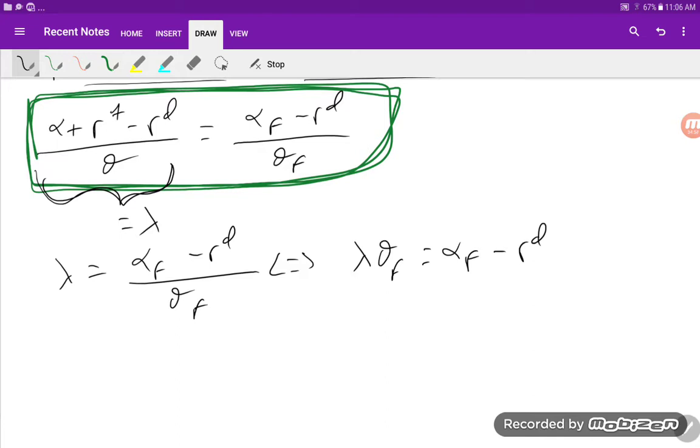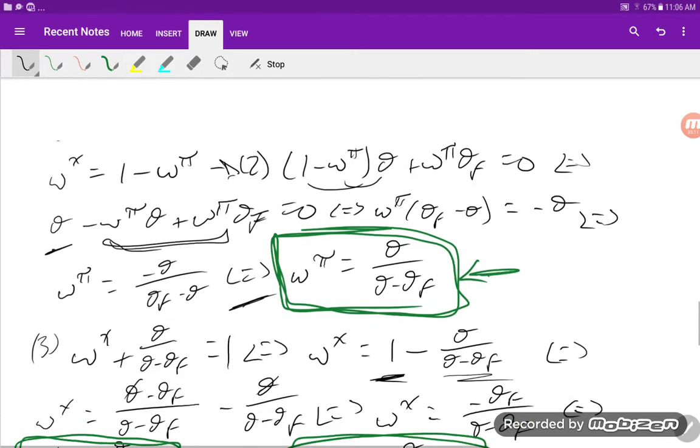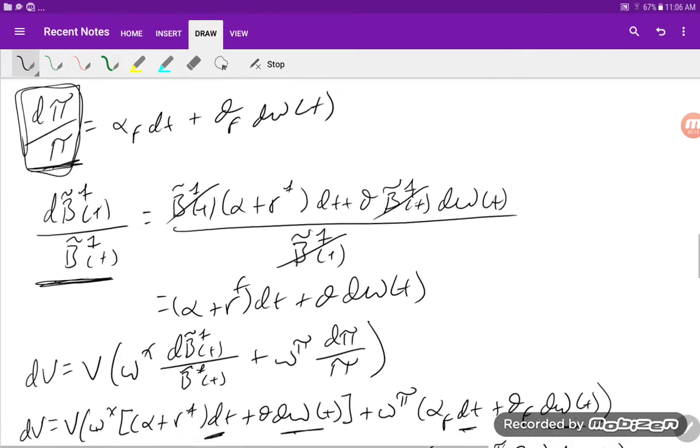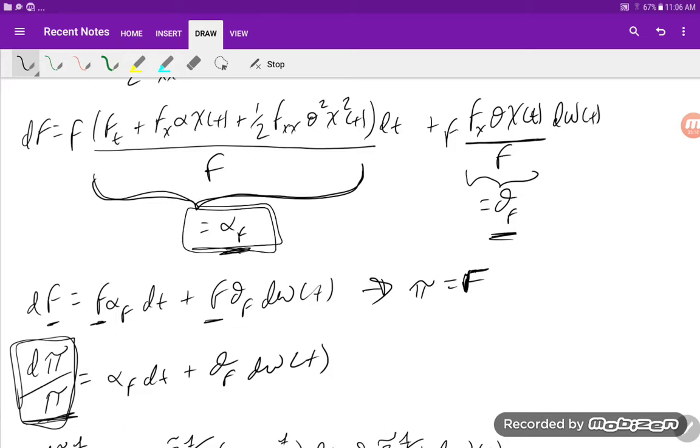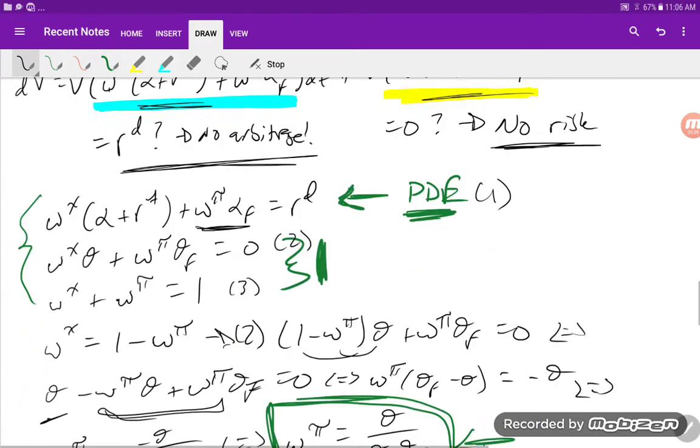All right, let's move forward with this equation. In moving forward, we know what sigma subscript f and alpha subscript f are, right? We defined them when we looked at our value process and did our little trick of multiplying and dividing by f, and then decided to define these two terms as alpha subscript f and sigma subscript f.